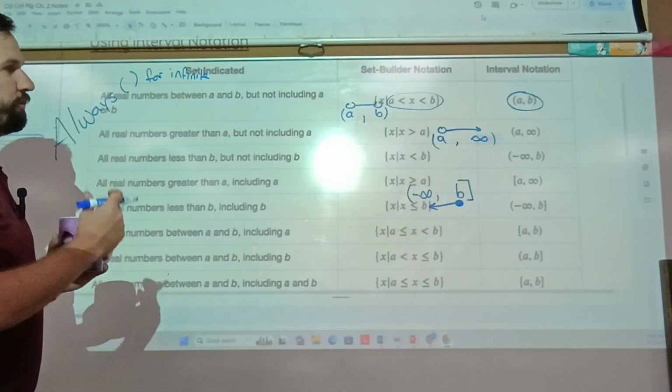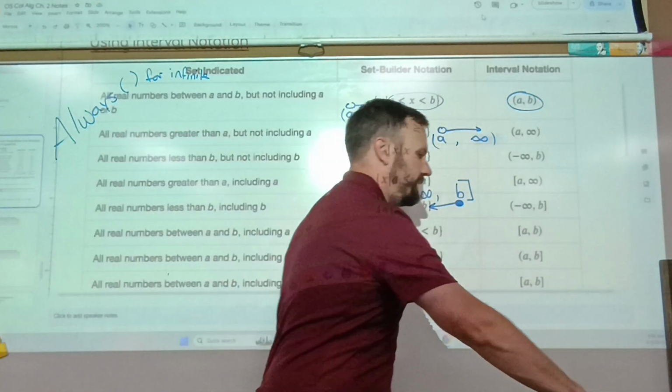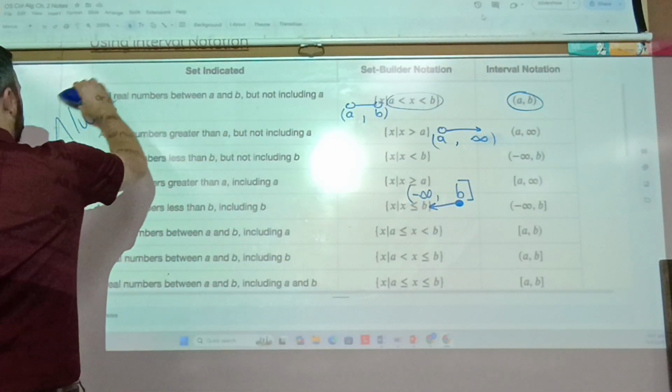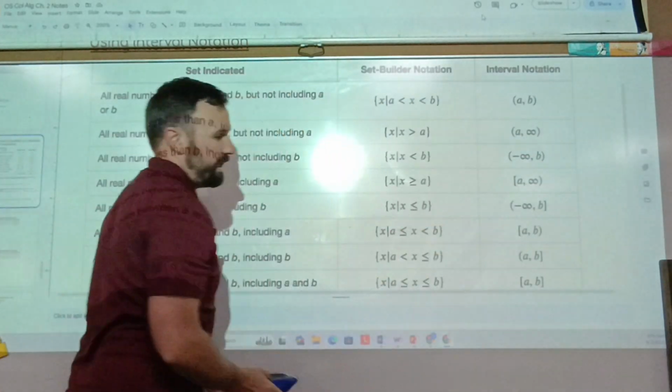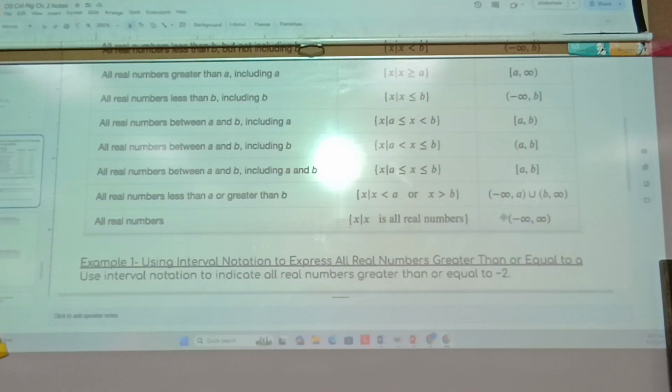All right, let's do a few examples. Bracket for including, parentheses for not including, commas where needed. Think about it like a number line. Okay? Well, actually, before we do that, I do want to say that if an answer is no real numbers or no real answer, you put null set or you put no solutions.